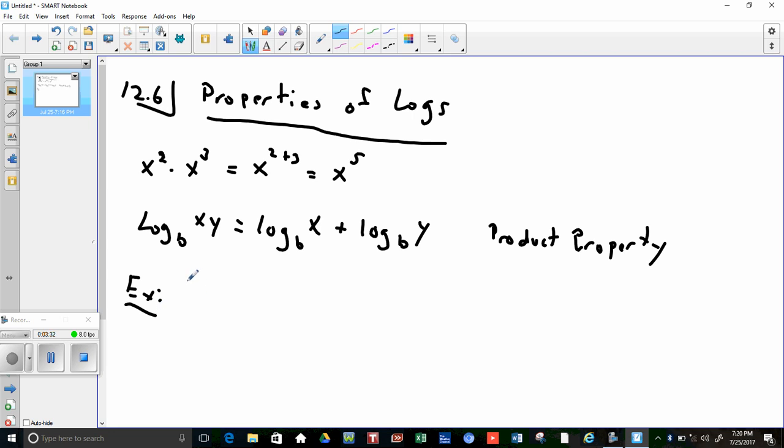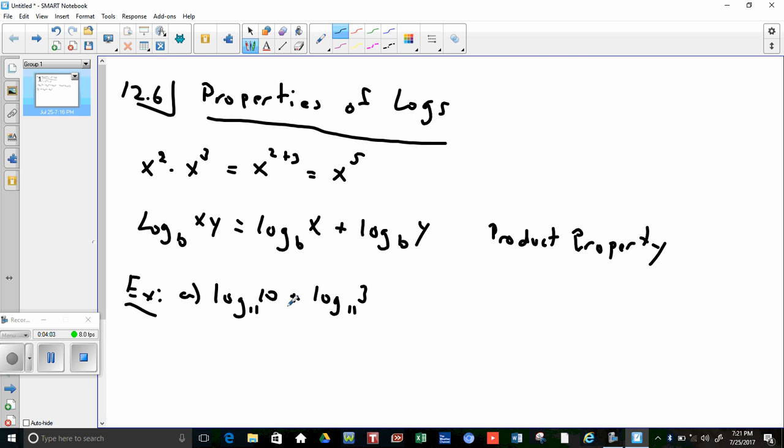All right, first example. If we have the log of 10 with a base of 11, and we are adding it to the log of 3 with a base of 11, and I want to write this as a single log, I'm going to take this property and go backwards. The bases are the same.